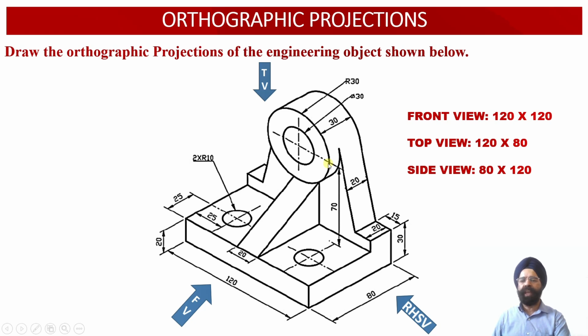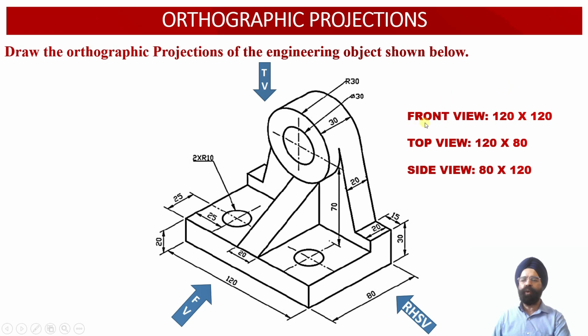So now we obtain the total height of the solid: 30 millimeter corresponding to the circular hole, 70 millimeter corresponding to the linear vertical distance of element number 2, that is the vertical web, and 20 millimeter height corresponding to this horizontal web which is lying at the base of the solid. This way the total height of the solid becomes 120 millimeter.